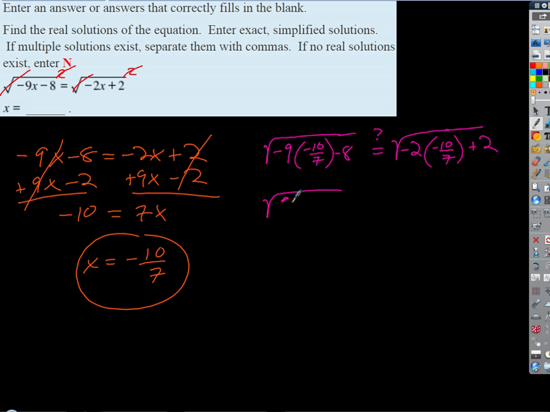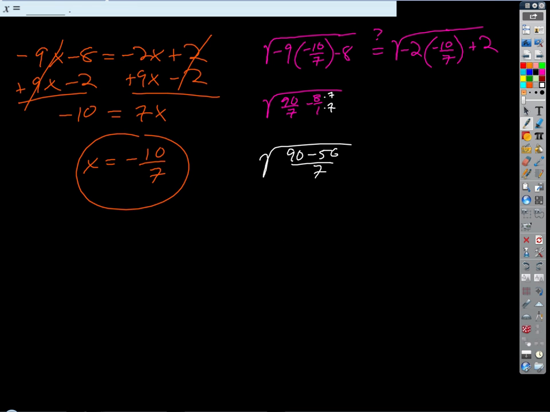So I get the square root of 90 sevenths minus 8 over 1. If I get a common denominator by multiplying top and bottom by 7, that gives me the square root of 90 minus 56 over 7, which is the square root of 90 minus 56, so 34 sevenths. I'm not going to simplify that any further.